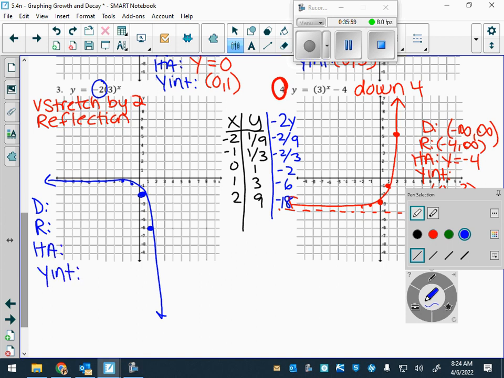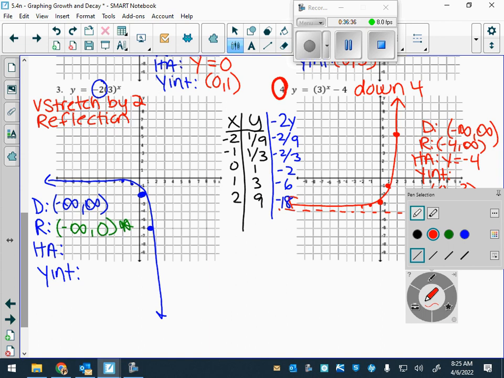Okay. What is our domain? Yeah, Everett. Excellent. So that will remain the same for all exponentials, growth or decay. Okay. What is our range now, though? Excellent. -infinity to 0. Okay. That is the big change. -infinity to 0.